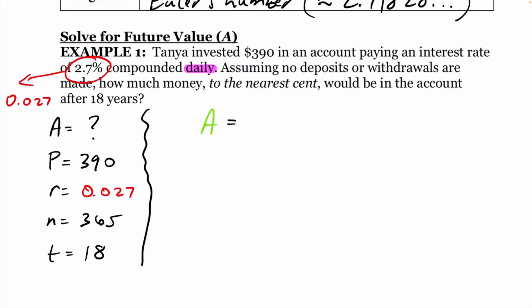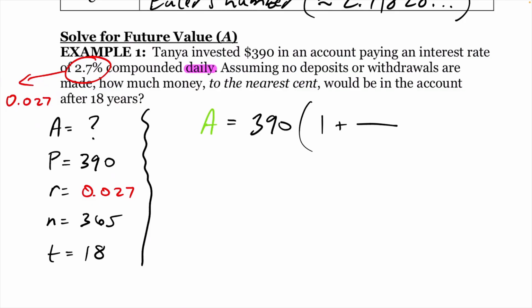Next one is P. I know what P is, 390. Parentheses, 1 plus. It's 1 plus because it's growth. Remember, 1 plus was always for growth. That's why the 1 plus is there.